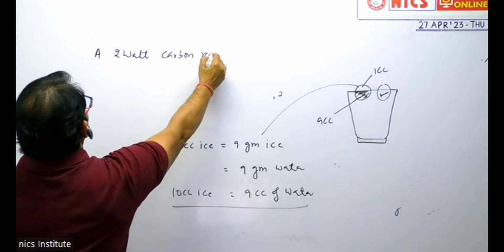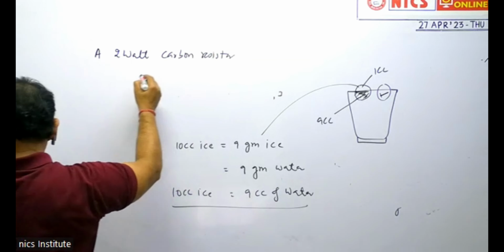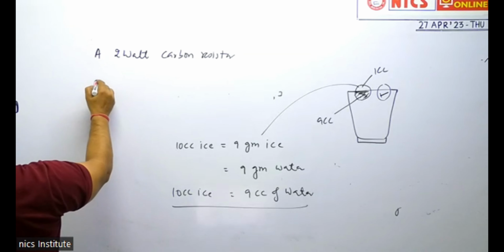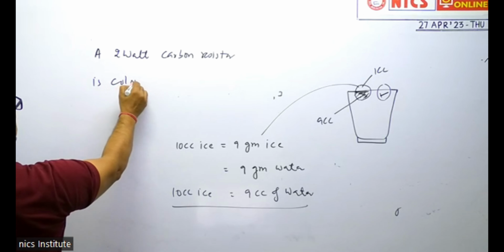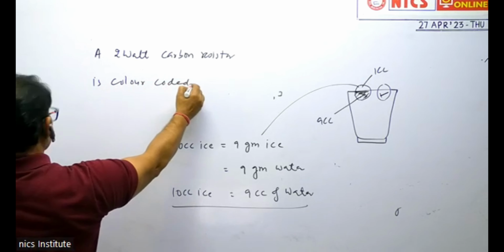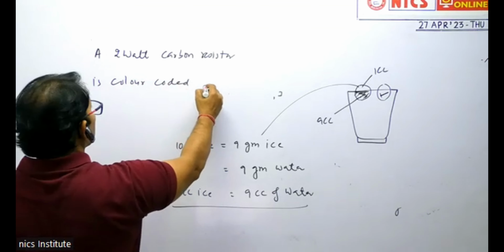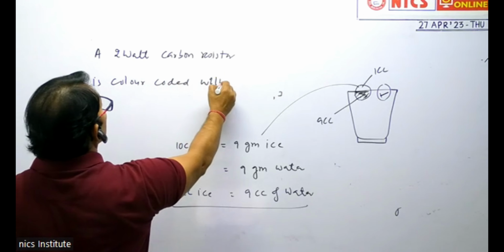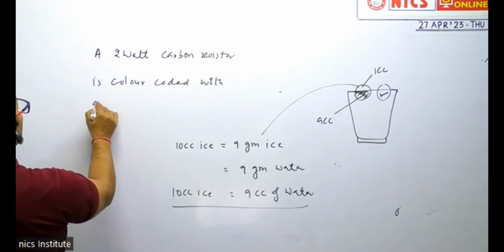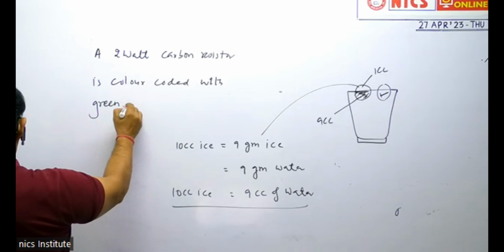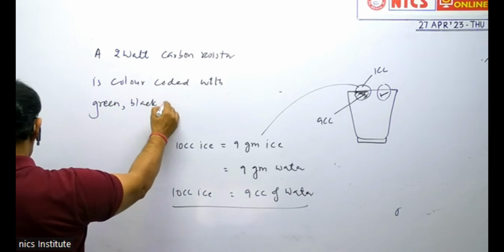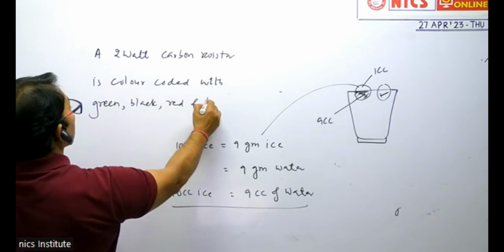This question is: a 2-watt carbon resistor is color coded with green, black, red, and brown.